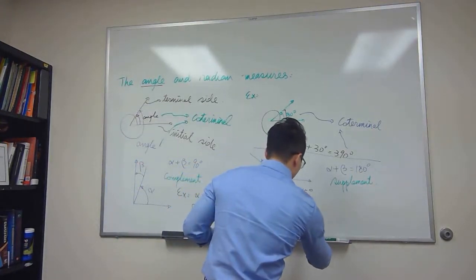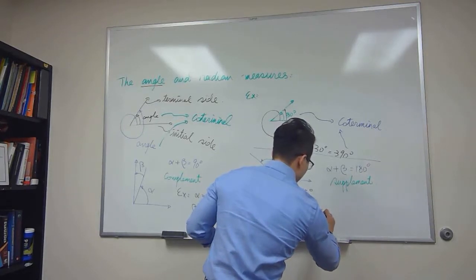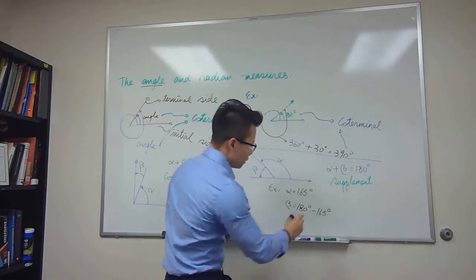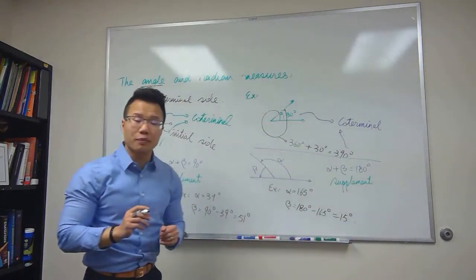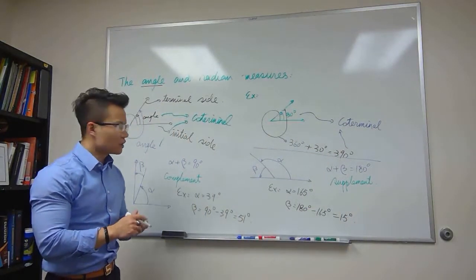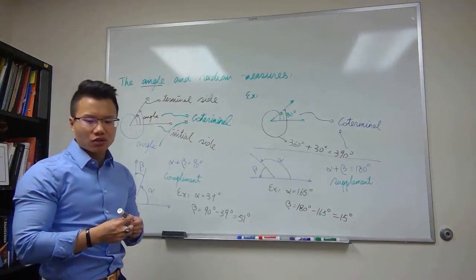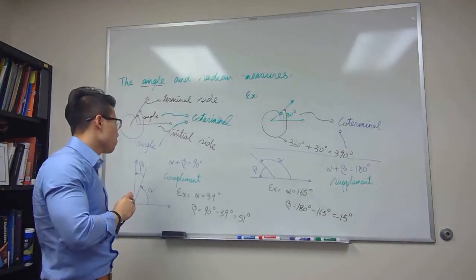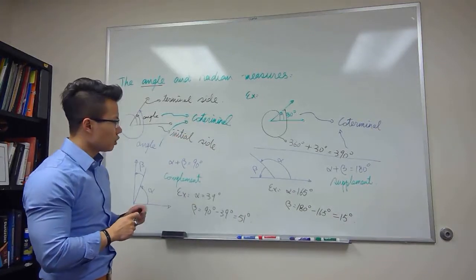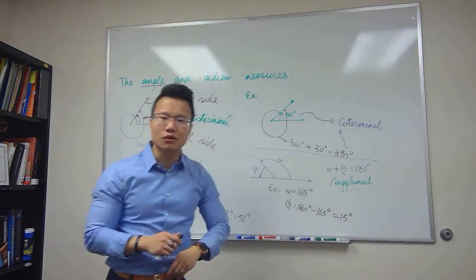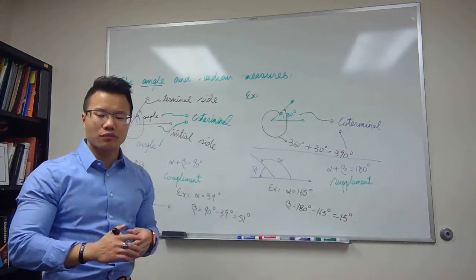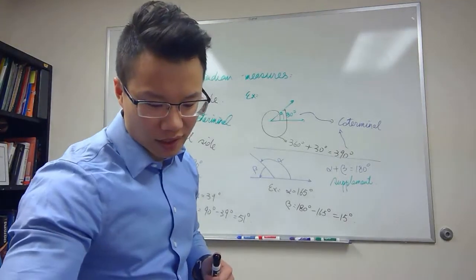So that's 180 degrees, subtracting 165 from alpha, and then we got 15 degrees for the beta. Okay. So that is how we find out the relationship of the two different angles. So there are coterminals in here, there are complements in here, and there are supplements in here. So all three relationships are very special in this case.